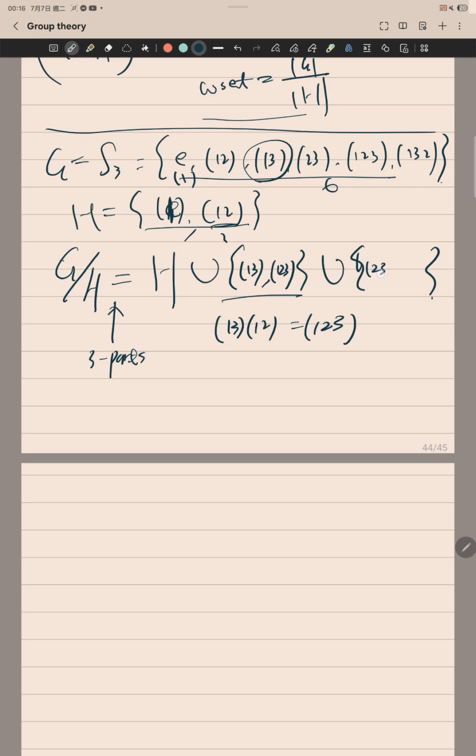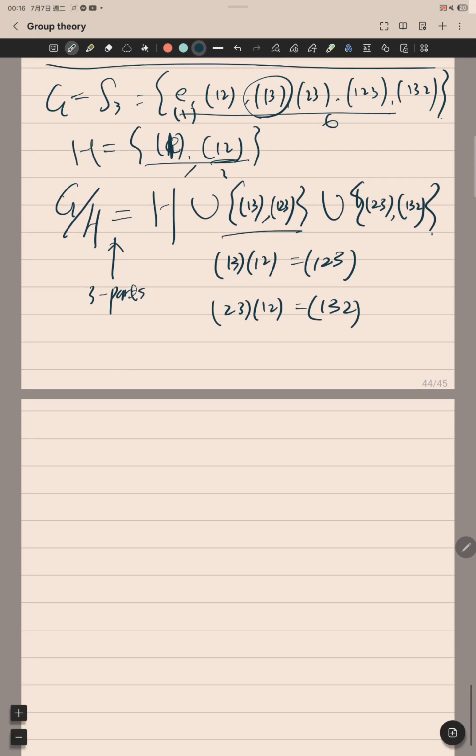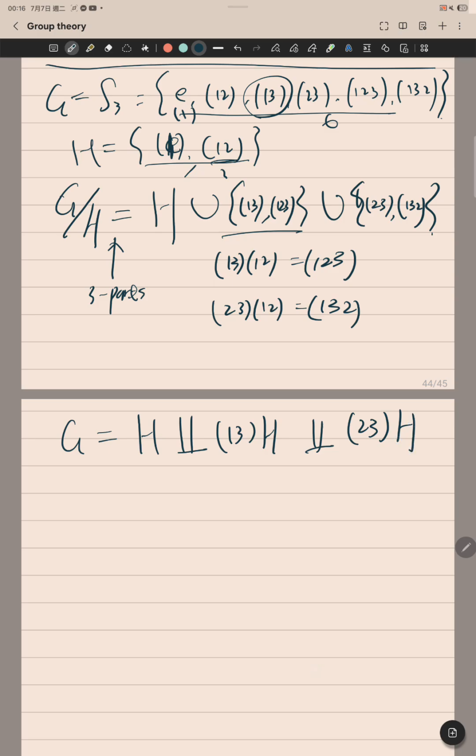So I get (2 3), and (2 3) times (1 2): 1 to 2, 2 to 3, so 1 to 3, and 3 to 2. So it's (1 3 2). Okay, so you can see that G can be represented as H union (1 3)H union (2 3)H. So indeed all 6 elements appear in G, because this is the identity and (1 2), and (1 3), (1 2 3), and (2 3), (1 3 2).